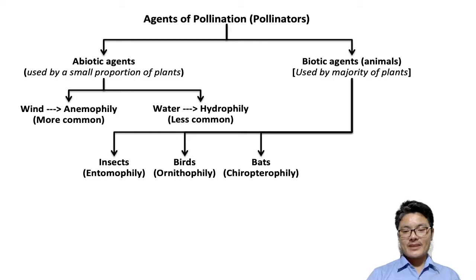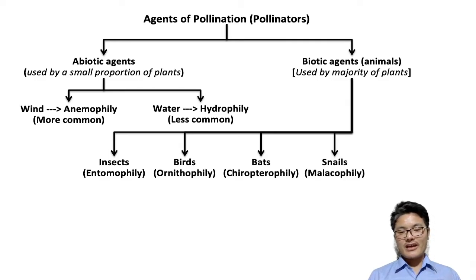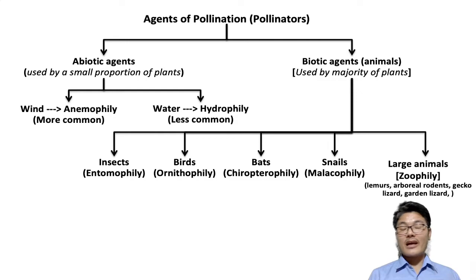Pollination achieved by bats is called chiropterophily, pollination carried by snails is known as malacophily, and pollination done collectively by different animals can be called zoophily. So zoophily is a collective term for pollination done by different animals.